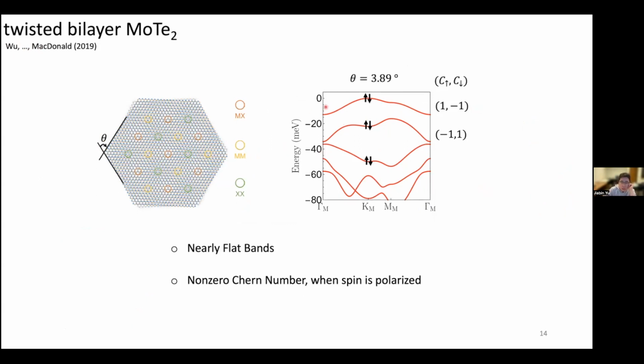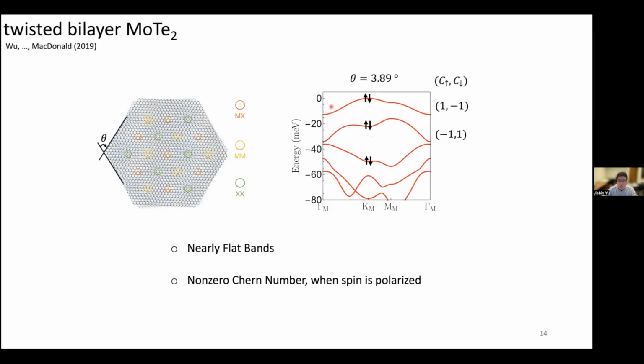We would have spin doubly degenerate, nearly flat Moiré bands. And the minimum bandwidth can be like 13 meV. The bands carry non-zero Chern number in each spin subspace. So the idea is that if we can polarize the spin, we will have nearly flat Chern bands.